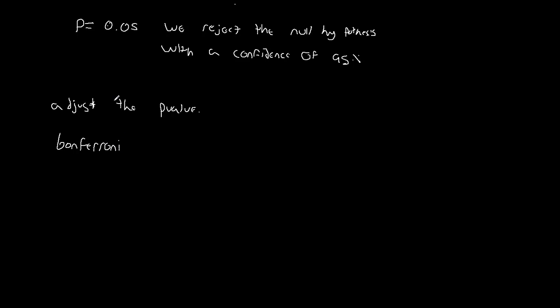The Bonferroni method of adjusting the p-value, so that our statistical significance, the alpha threshold, the cutoff, is going to be accounting for the fact that we're doing this 100 times, 1,000 times, 50 times, whatever, is to simply divide the critical P by the number of tests.